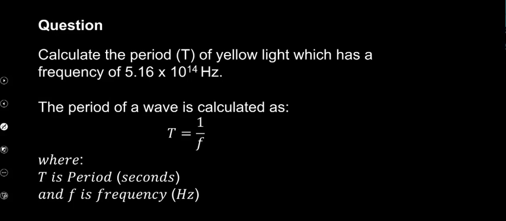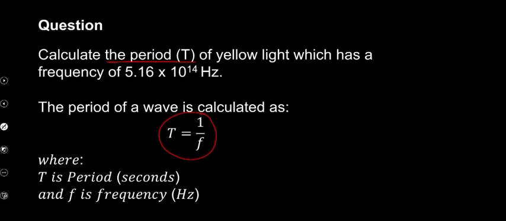So to calculate the period of our wave using its frequency, we're going to have to use the formula that we have seen already that relates the period of a wave and its frequency. We know that the period is inversely proportional to the frequency of the wave.